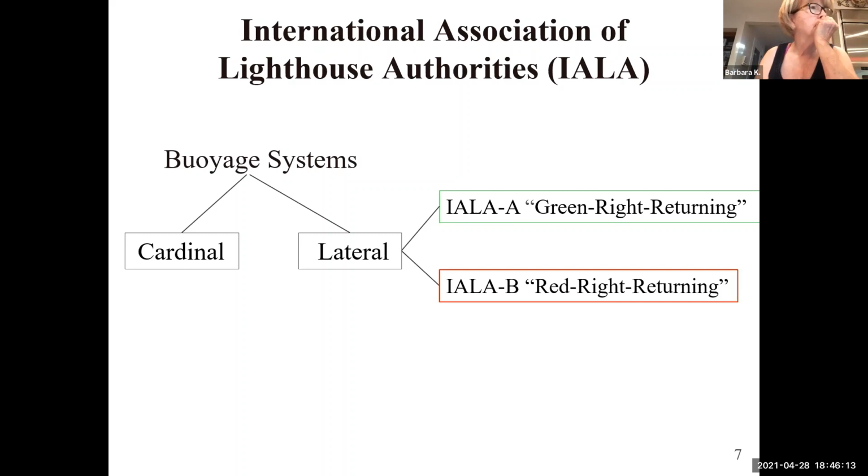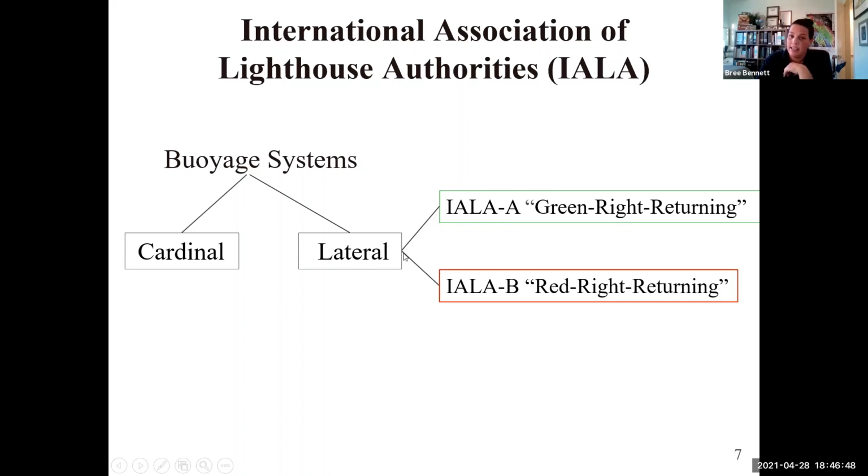The cardinal system kind of marks a general area, and I'll specify those when we get to it. Your lateral system of buoys marks your channels, your way to stay in the channel and follow your road or the side blocks to your road. So that's going to be for you to follow a specific channel.